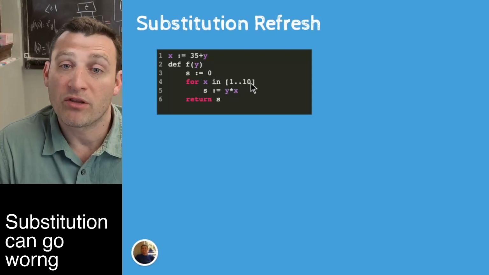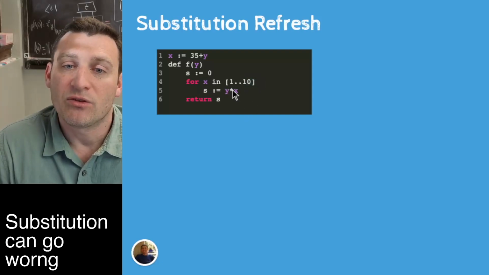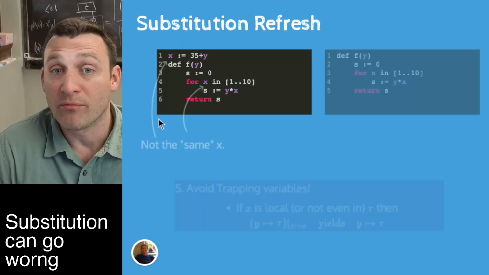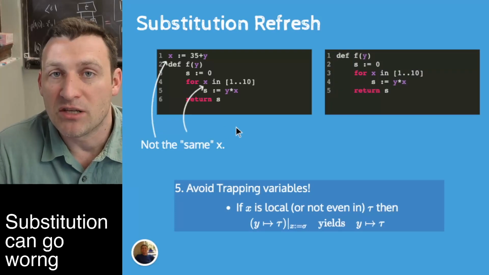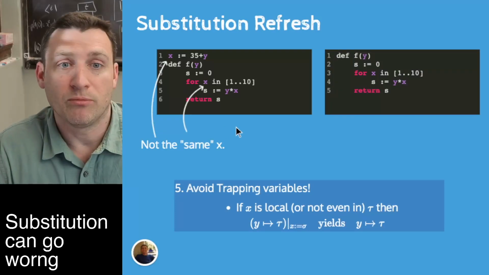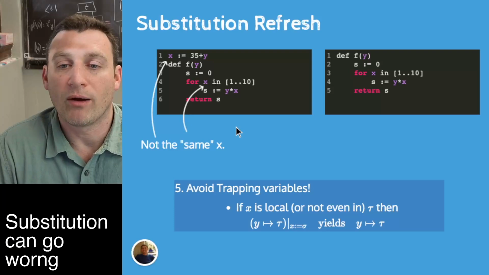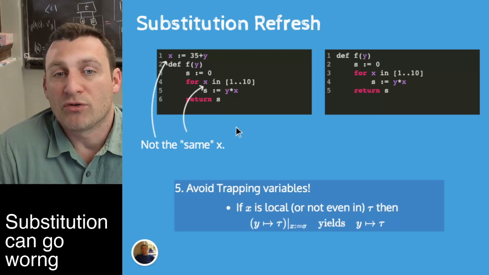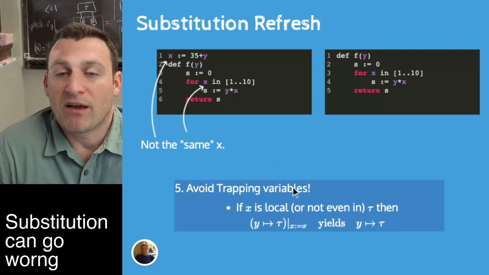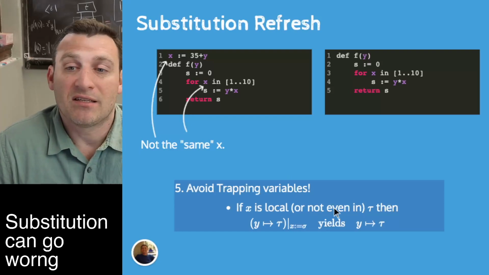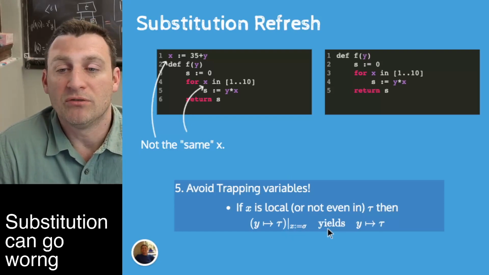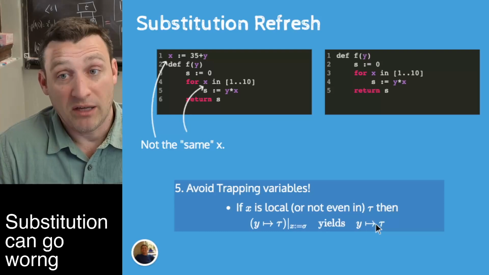We can see it's part of this loop from 1 to 10. So this x is not changing to 35 plus y. And that's because these are not the same x. We could, in principle, have renamed them, and the rules of the program would be the same. So we want to avoid trapping our variables. This is if x is local, not even seen inside the same scope. Then when we substitute, we shouldn't do any changes yet again.